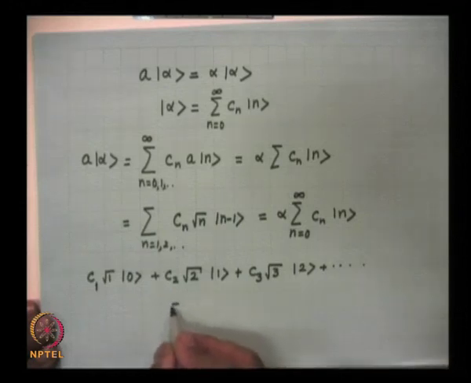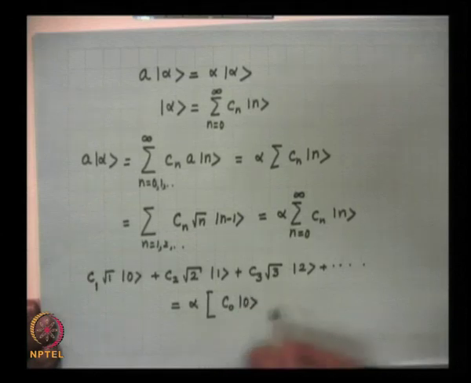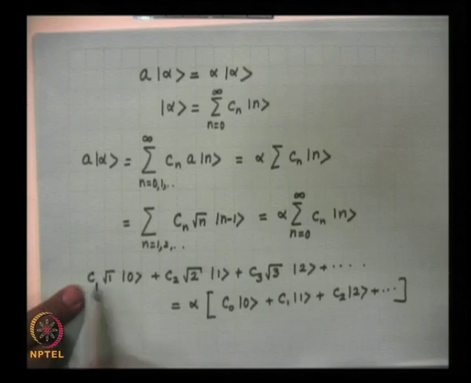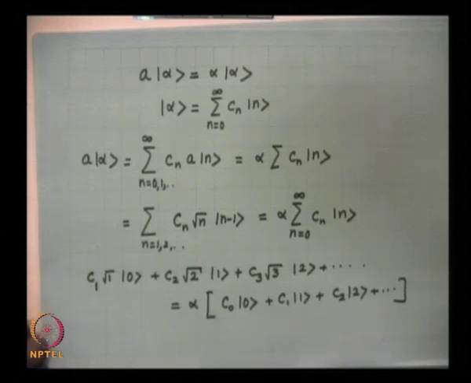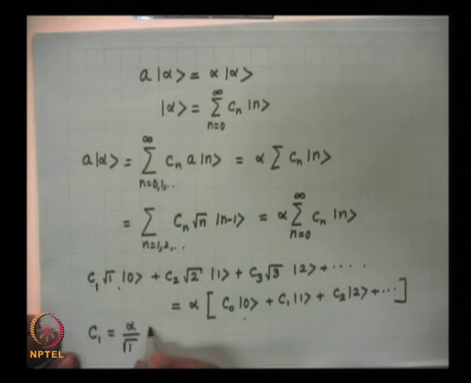and this will be alpha times C 0 ket 0 plus C 1 ket 1 plus C 2 ket 2. And so C 1 will be alpha by root 1 times C 0, because this is a set of orthonormal kets. If I multiply by bra 0, only this term will remain and this term will remain.